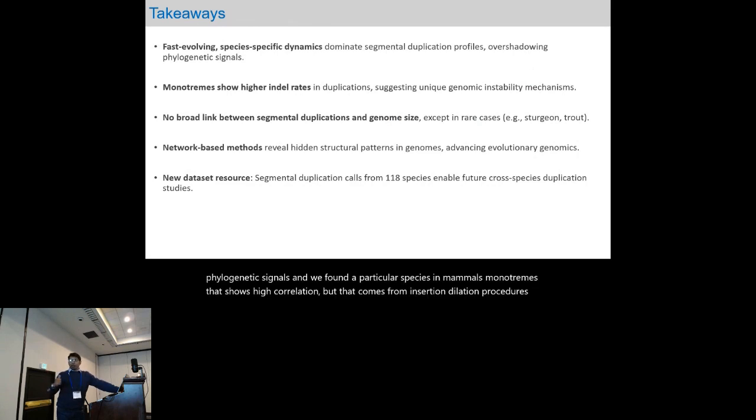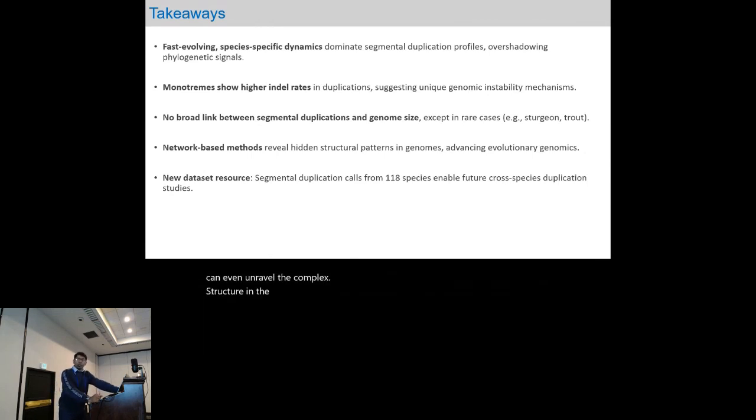We also found no strong correlation between the segmental duplication landscapes and the genome size. And we showed that the network-based approach can unravel the complex structure in genomes. Our data is publicly available, so this may be helpful to analyze cross-species duplications.